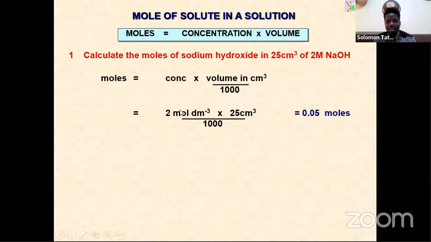That would give us 2, which is our concentration, multiplied by 25 divided by 1,000. And then that would give us 0.05 moles. That will be the answer.